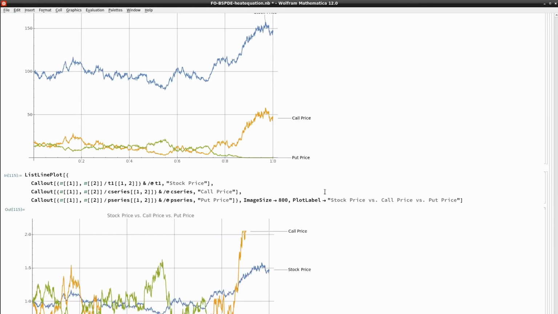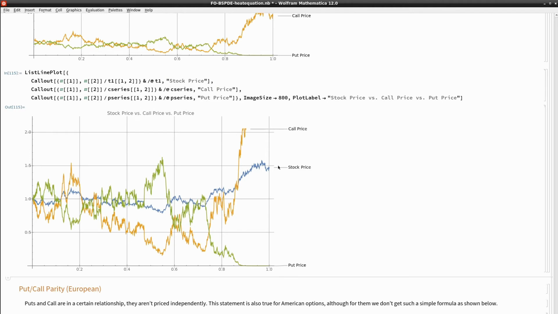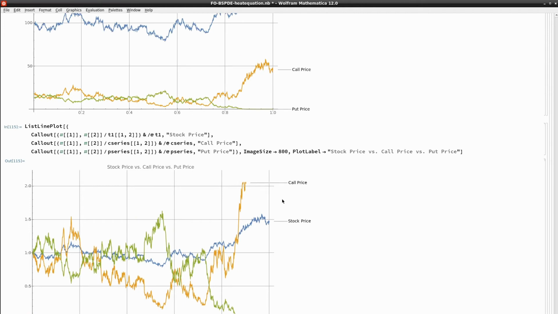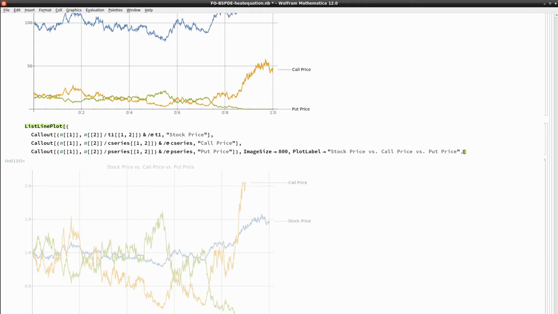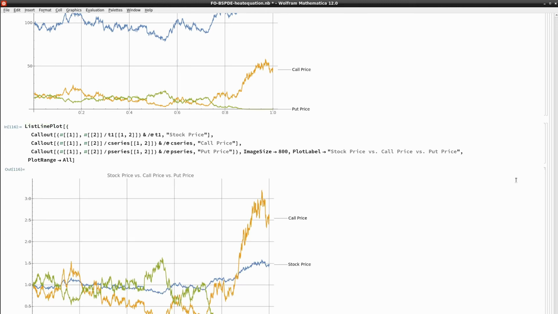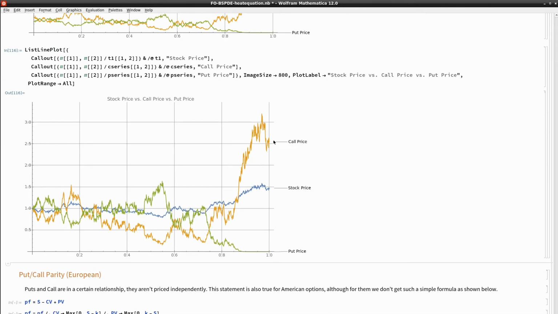And in terms of leverage, look how high the call price zooms up. We can see that it's above 2. The stock price increased by 45% and the call price by much more. Let's set the plot range to all, and now we can see the full extent of the call price movement, and we see that it had a leverage of about 2.5.